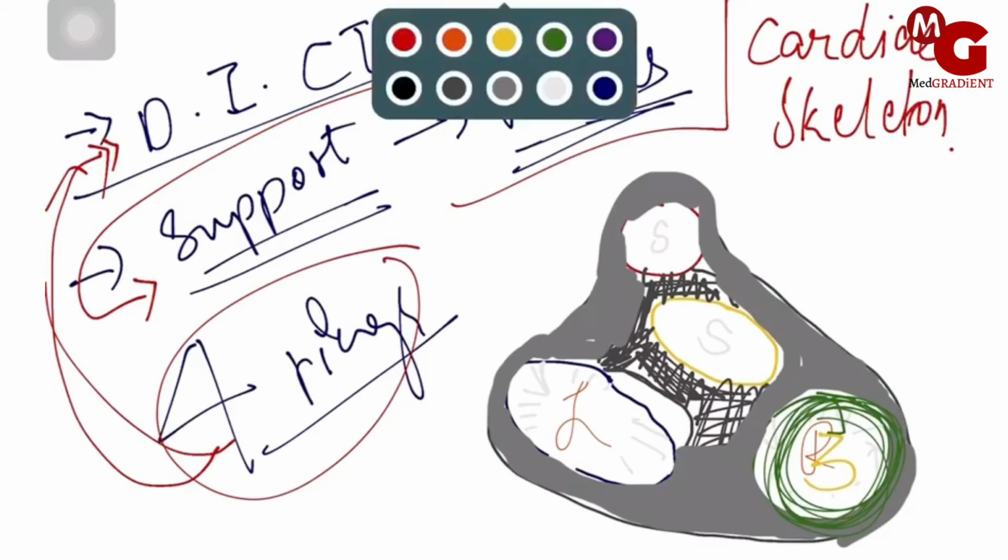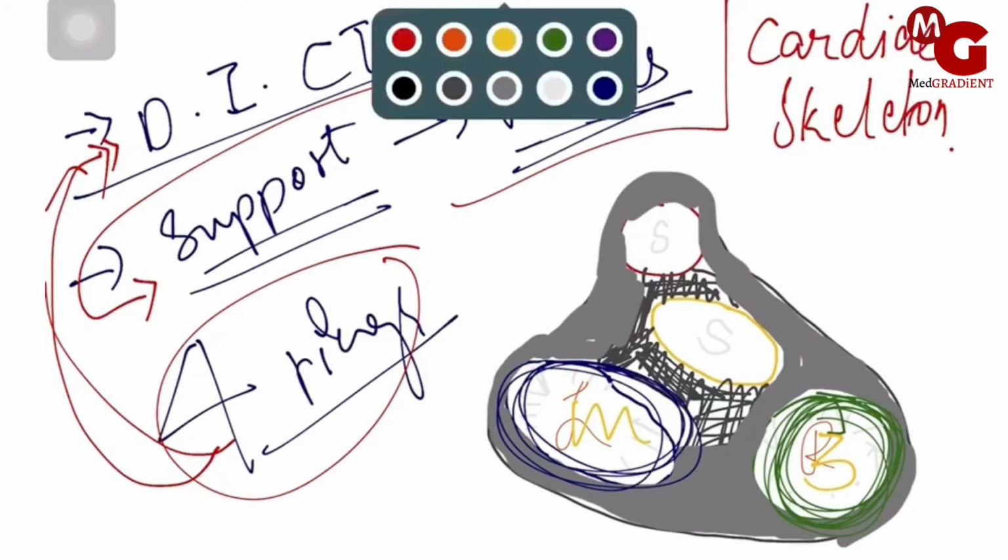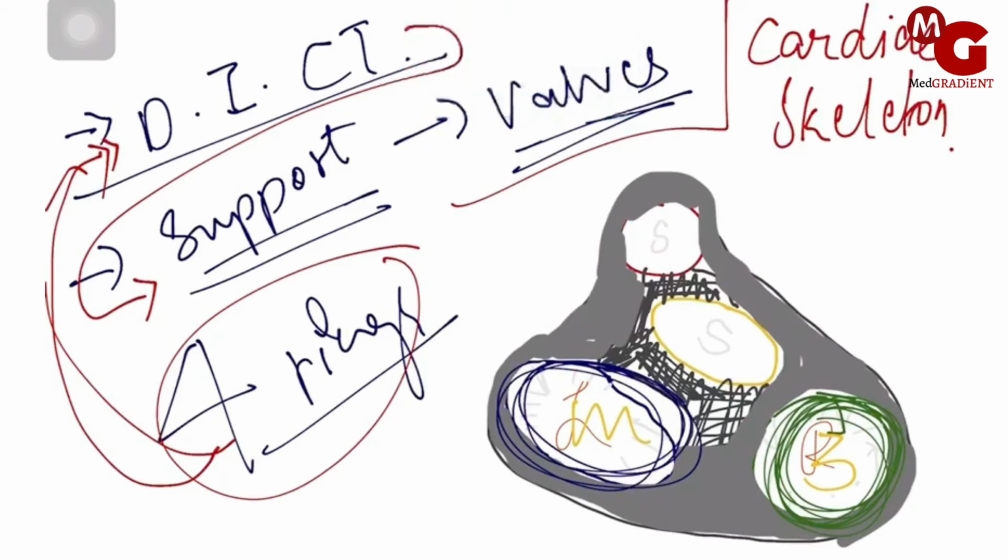The one here in blue is our left fibrous ring, and it supports which valve? The mitral valve. And the two rings that you are seeing here, one over here and the other over here, individually support the pulmonary trunk and the aorta.